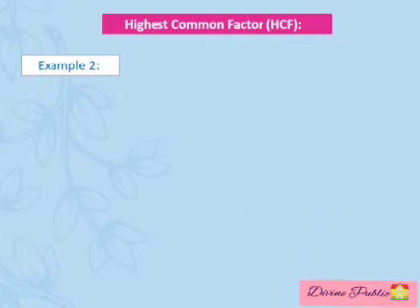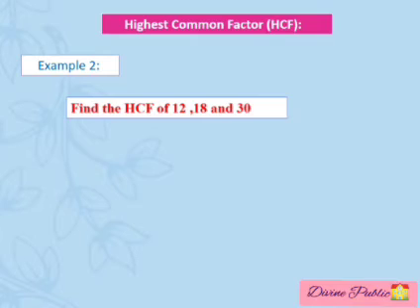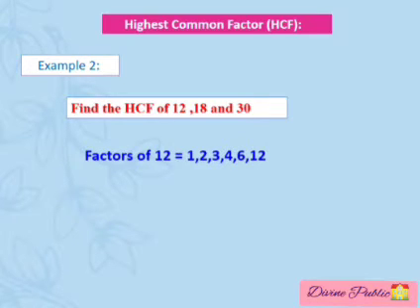Example 2. Find the HCF of 12, 18 and 30. Factors of 12 equal to 1, 2, 3, 4, 6 and 12.